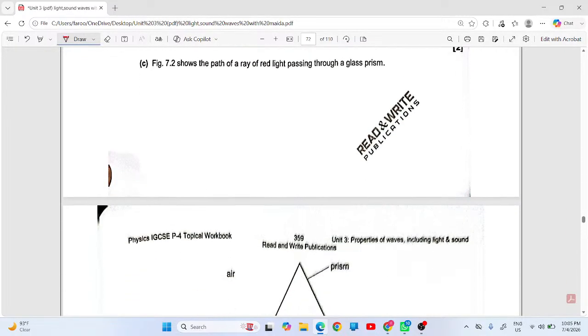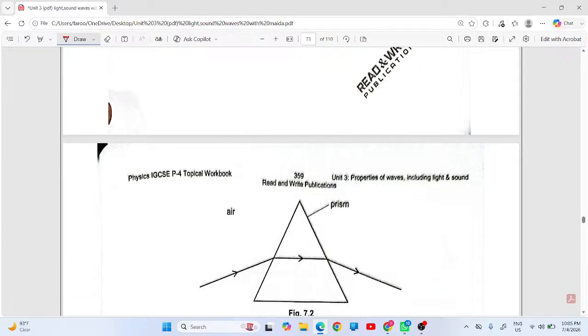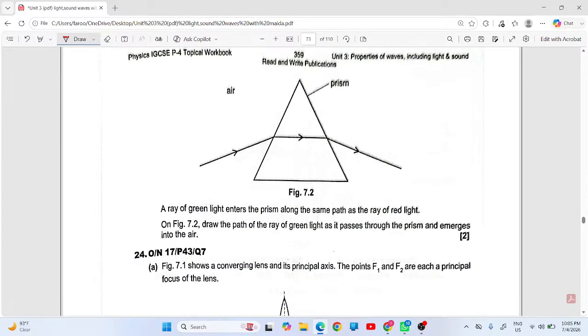Next है figure 7.2 shows the path of the ray of red light passing through a glass prism. Red light है तो आपको पता है कि सबसे ऊपर रेड होती है, ऑरेंज, येलो, ग्रीन, ब्लू, इंडिगो, वायलेट. तो रेड सबसे ऊपर होगी इन अ प्रिज्म और वायलेट सबसे नीचे होती है.